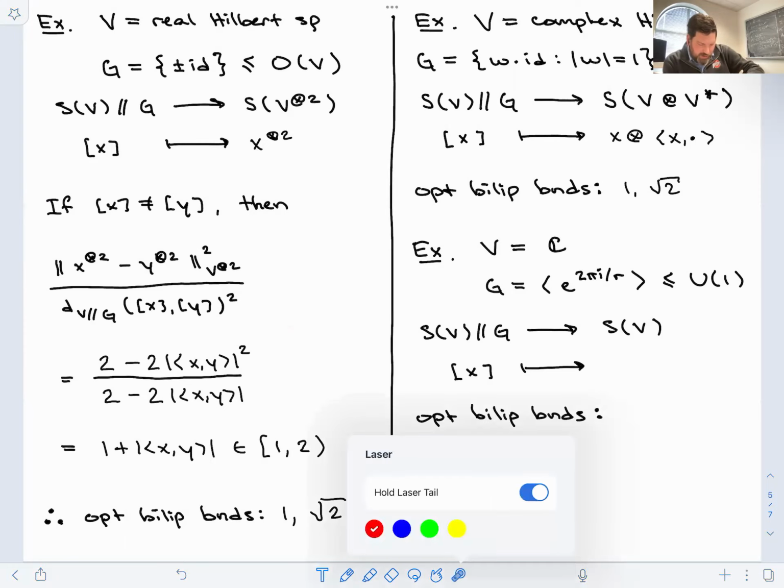So I can embed this into the sphere in R2, so the unit circle, just by raising X to the rth power. Here I'm viewing X as a complex number, so I can actually write that. It turns out that after doing some annoying trigonometry and calculus, you get a lower Lipschitz bound of cosecant of that thing.